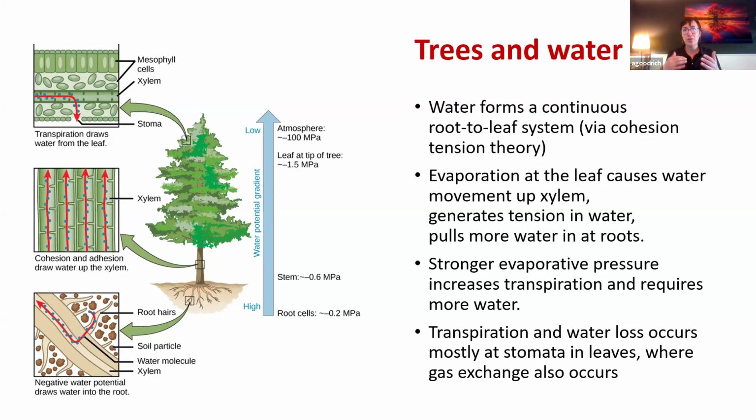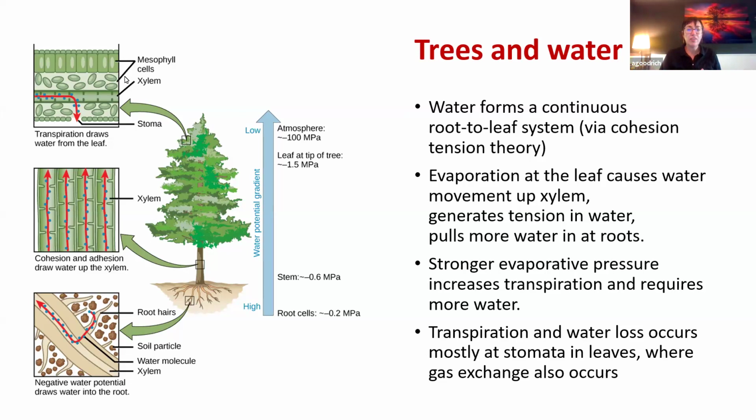Water molecules are essentially sticky, so they're sticking to each other and pulling other molecules in. And so it forms this kind of long chain moving water up the tree via this cohesion tension theory. So it's the evaporation at the leaf that's causing water movement up the xylem, generating that tension and those chains in the water and pulling more water in at the roots.